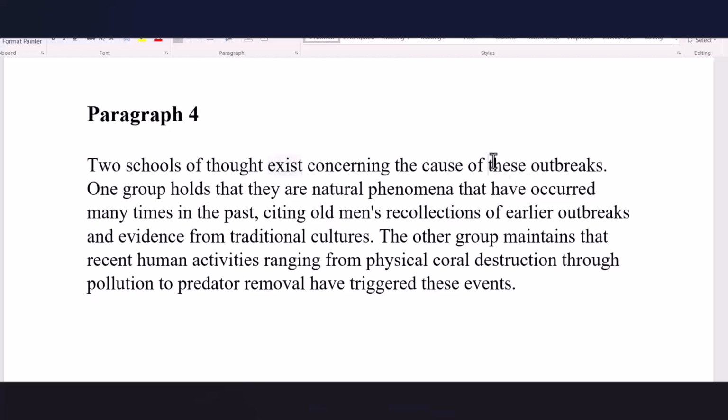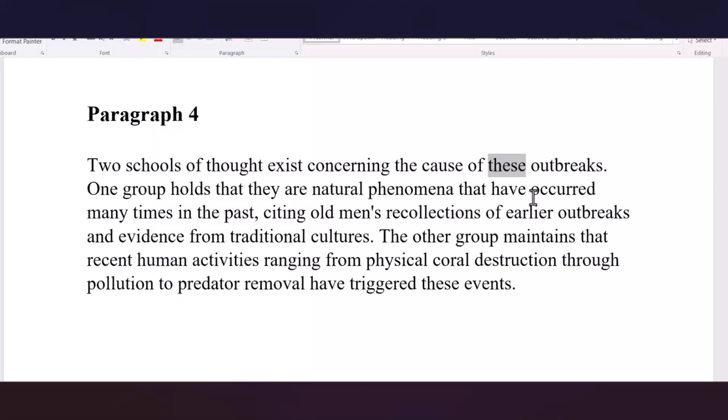This is a demonstrative pronoun and refers to outbreaks mentioned in the previous paragraph 3. And what were those outbreaks? Actually, the outbreak of acanthasters that attack corals and the aftermath consequences.